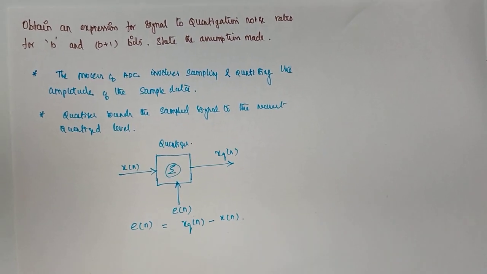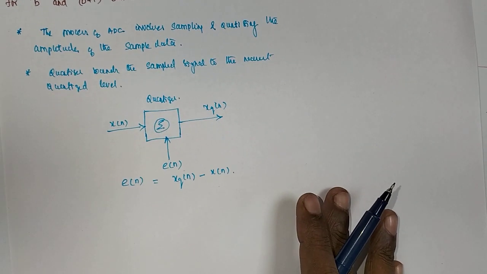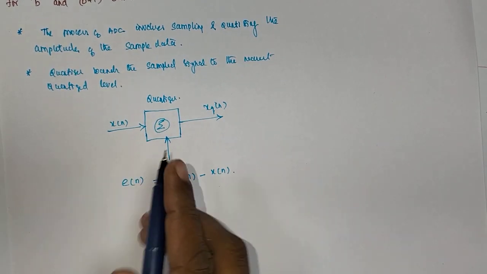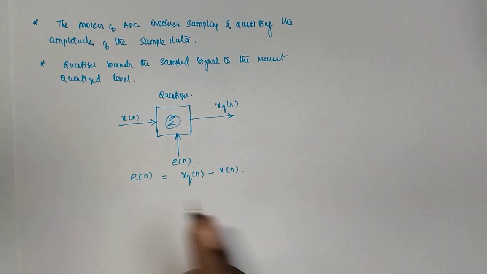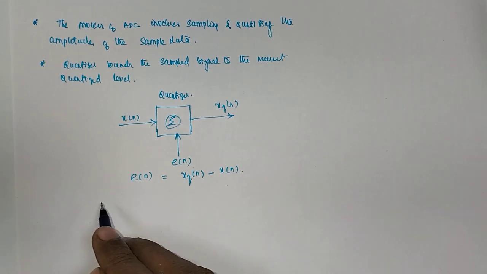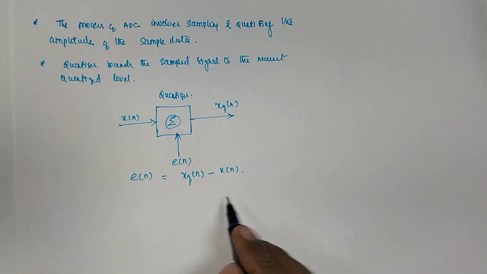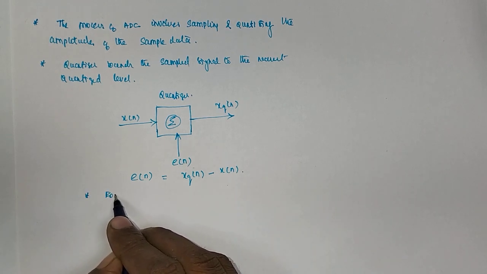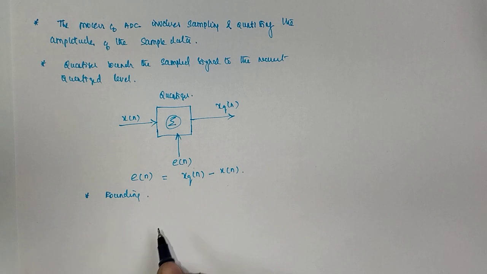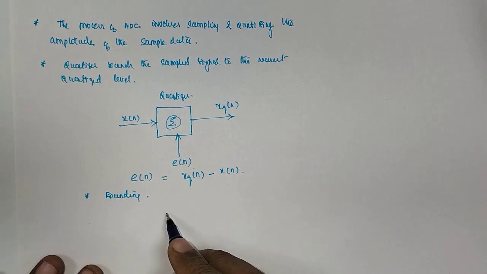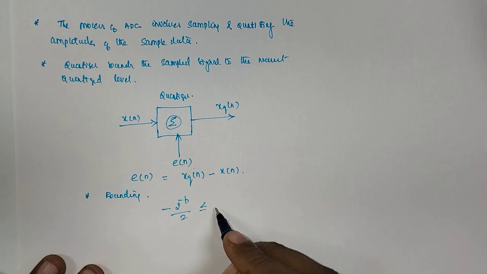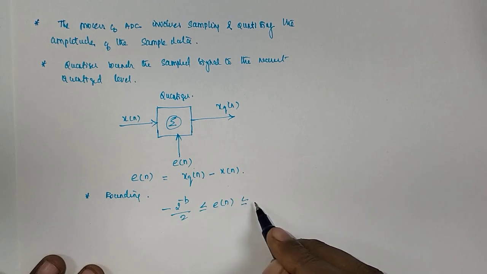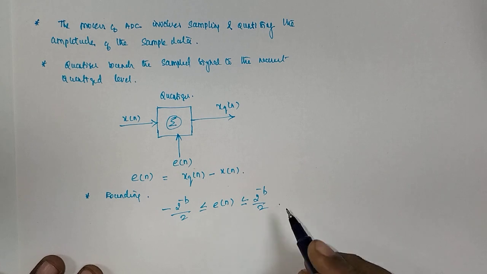Rounding is involved in the quantization process. So the range of the error is between minus 2 power minus b by 2 and less than or equal to 2 power minus b by 2.